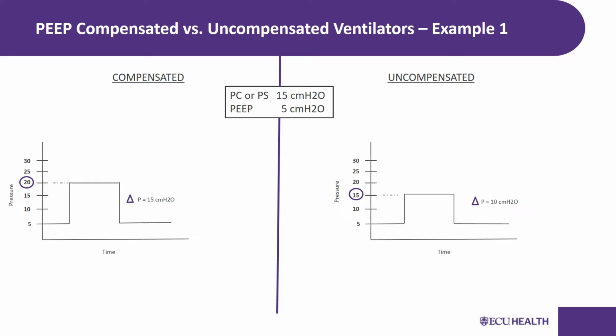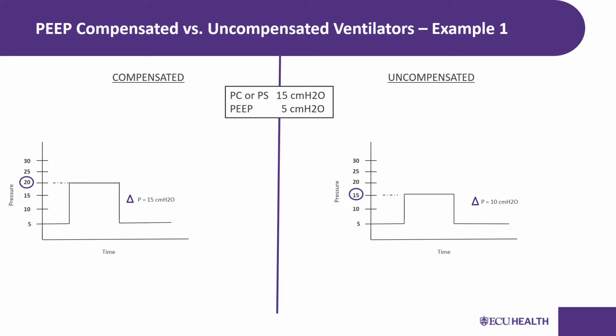So you can see the delta P, also known as the drive pressure or change pressure in this scenario, means that it is 15. This means also that our peak inspiratory pressure or total pressure equals 20. We are compensated and the ventilator understands I'm going to put this 15 of pressure support on top of my PEEP of 5.